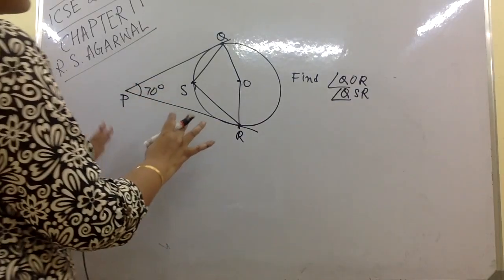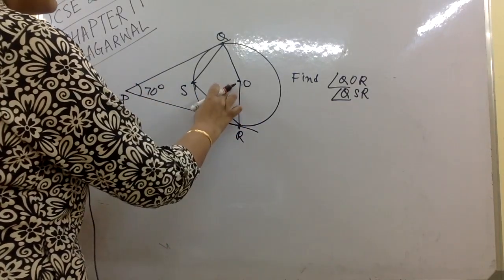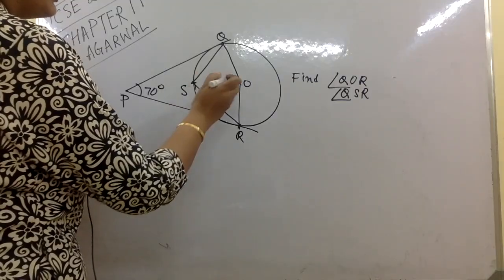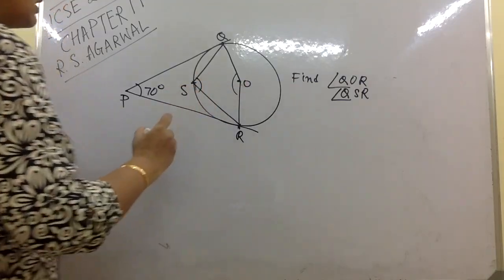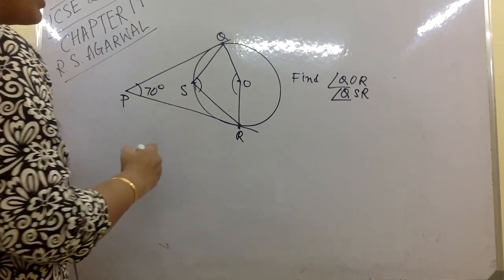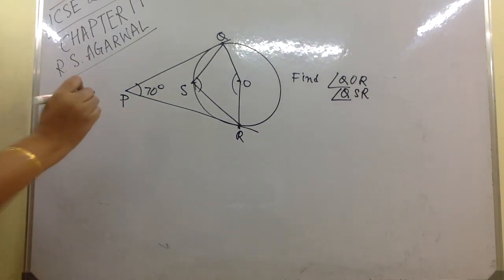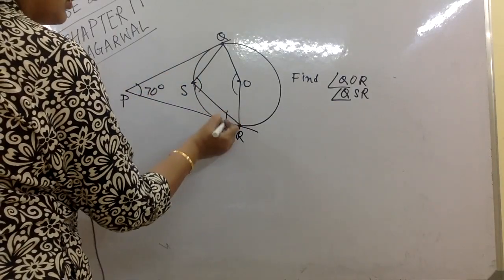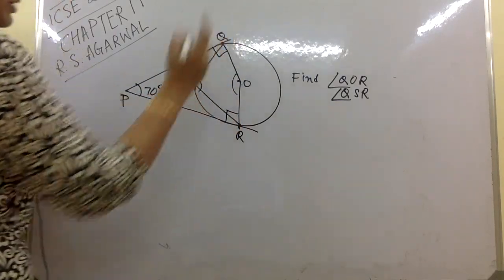So here we have a question which says QOR and QSR. We have to find this angle and this angle. So let us first start how to write it. If this is 70 degrees, we know these two angles are 90 from the tangent properties.